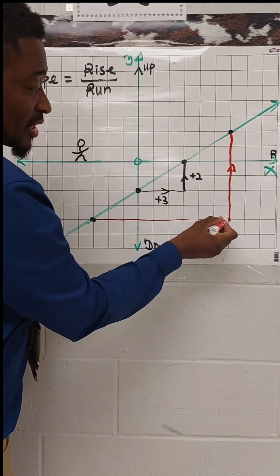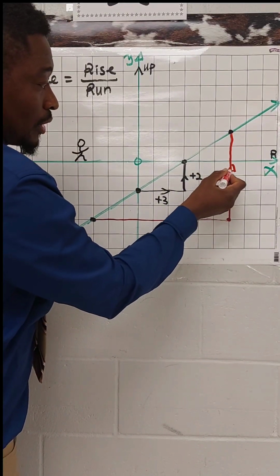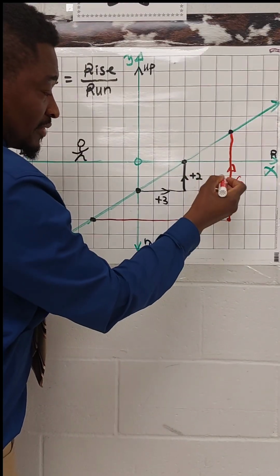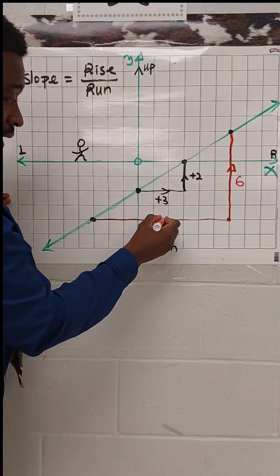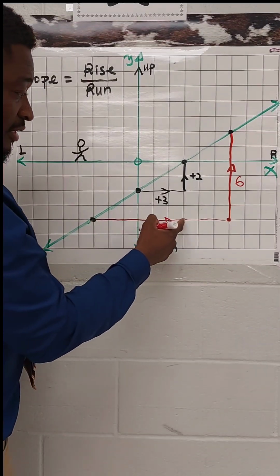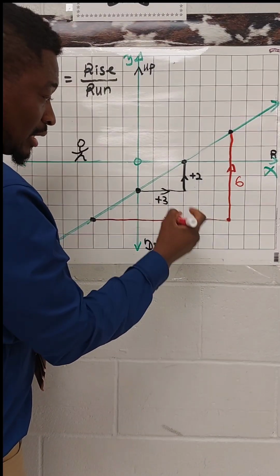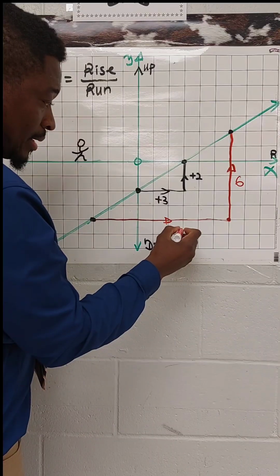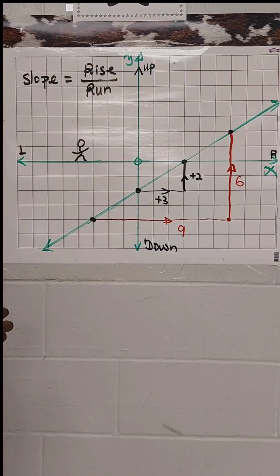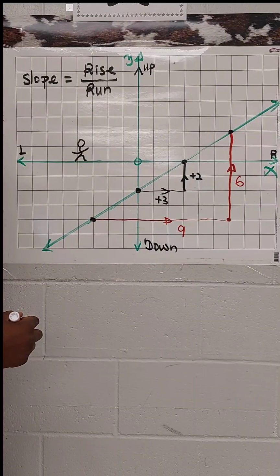So I have traveled vertically 1, 2, 3, 4, 5, 6 units. That is positive 6 because I'm going up. And here will be positive 1, 2, 3, 4, 5, 6, 7, 8, 9. Positive 9 because I'm traveling to the right.